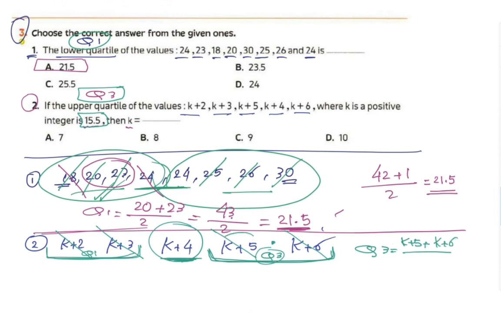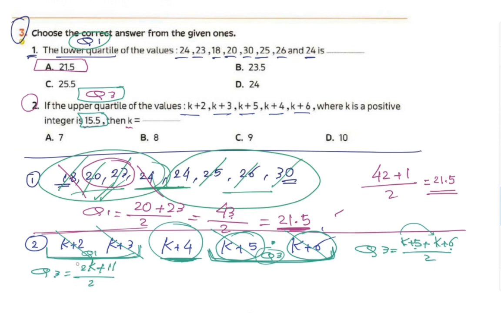I will add this value to this value, dividing by 2. So Q3 equals (K plus 5 plus K plus 6) over 2. I can add K with K, so I have 2K plus 5 plus 6. 5 plus 6 equals 11, over 2.